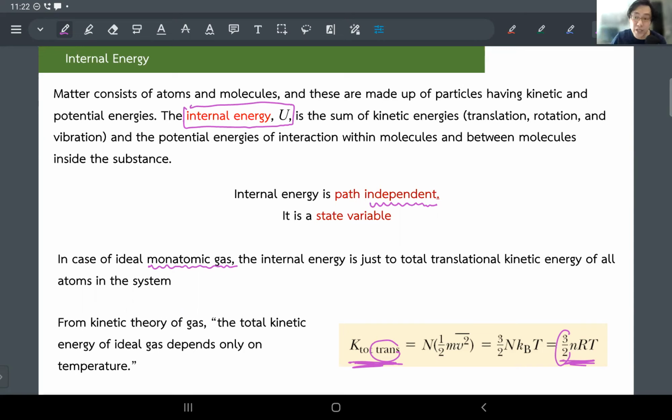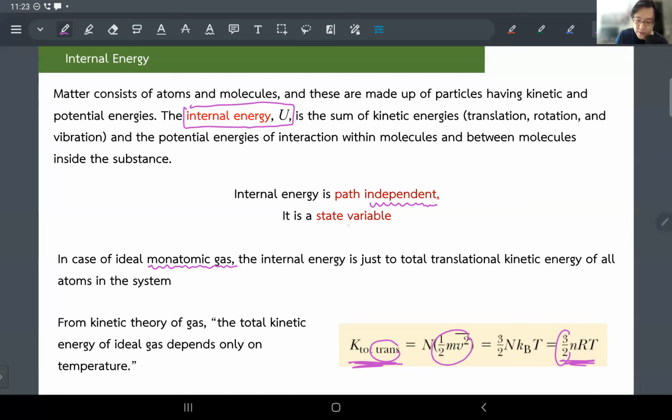The nice thing about energy is it's path independent. Same thing with 1/2 mv squared. You don't have to care how that mass picked up the velocity v. As long as it has velocity v, the kinetic energy is 1/2 mv squared. It's path independent.